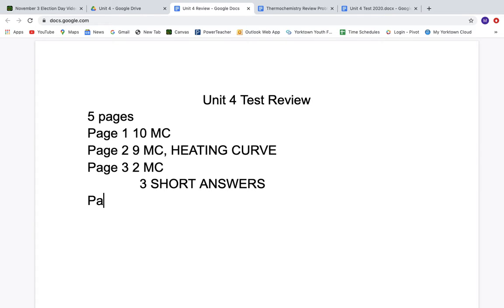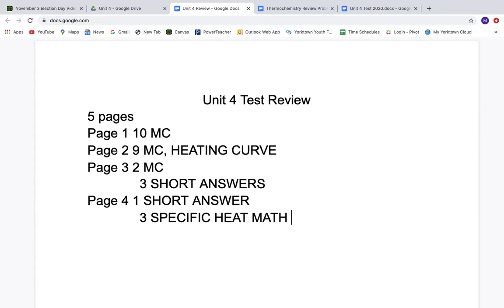Page 4 will be 1 short answer and 3 specific heat math problems.